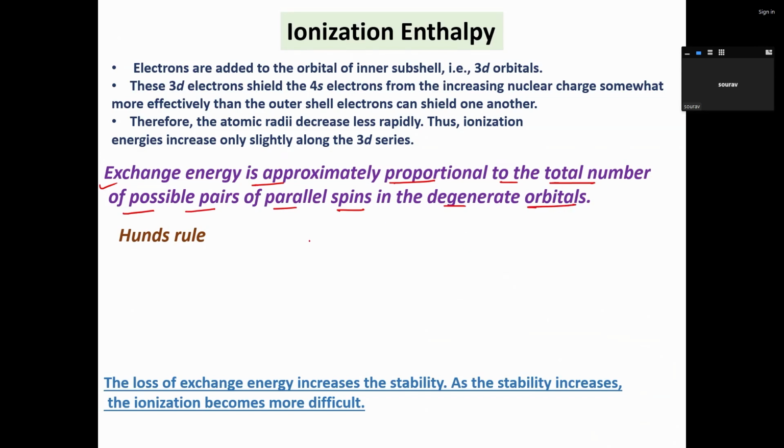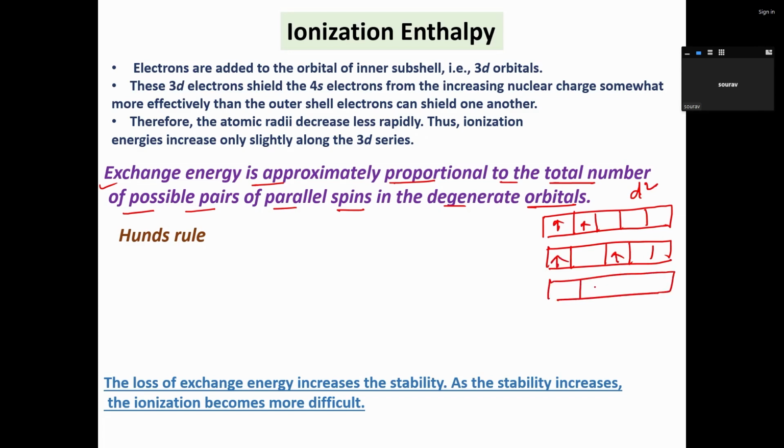I have already told you that. Suppose this is one environment for two electrons, the d2 electron configuration. Another we can write here also, and another also.